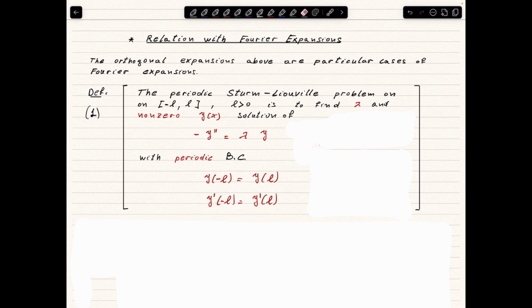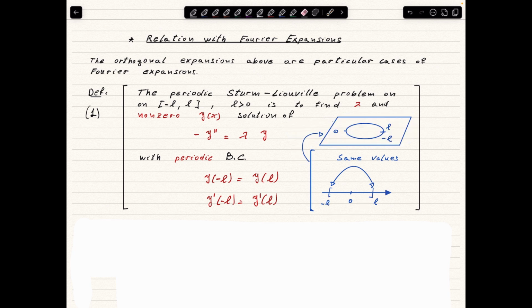So what we are saying here is that in this type of periodic Sturm-Liouville problem, we have an interval that is symmetric around 0, and the values of the function that we are looking for on these two sides have the same values. So this is the same as if we bend this interval and join the two sides, and instead of an interval we are working on a circle.